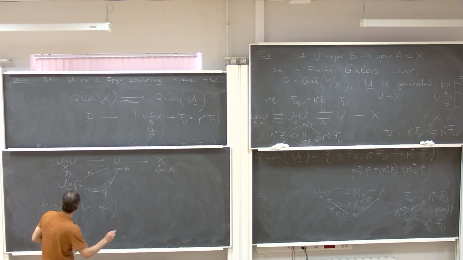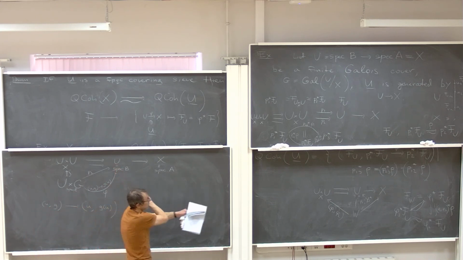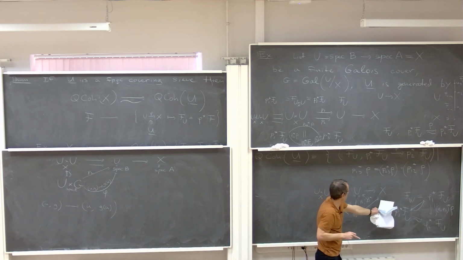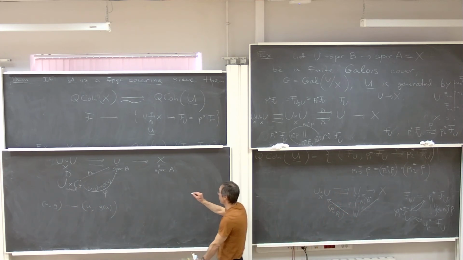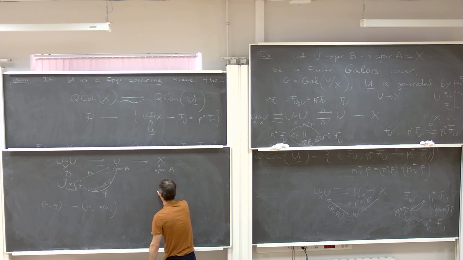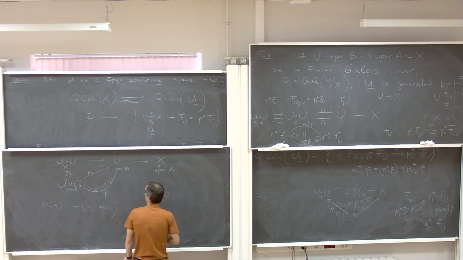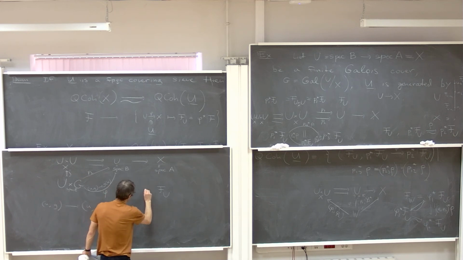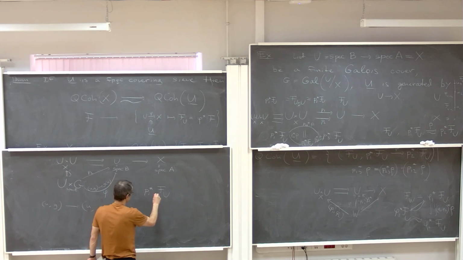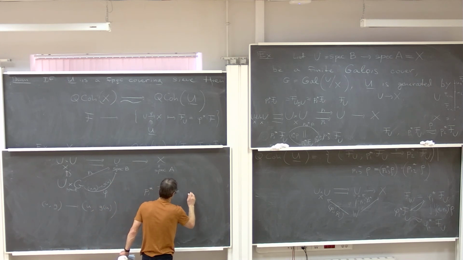So what is this? We have a sheaf F on U, and we are supposed to be given an isomorphism between pi 1 upper star of it and the pullback with respect to the action map.